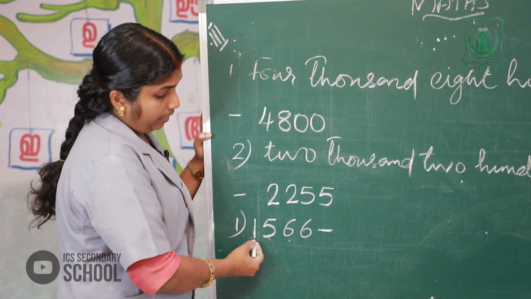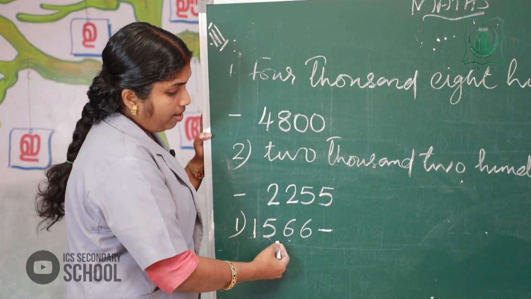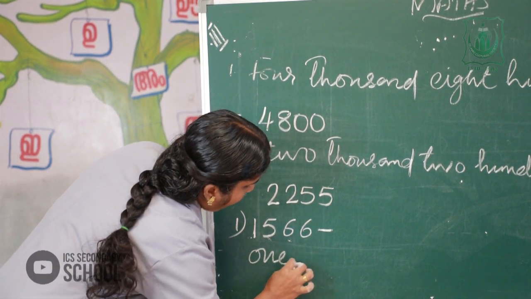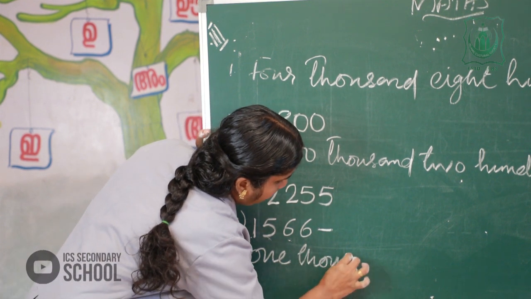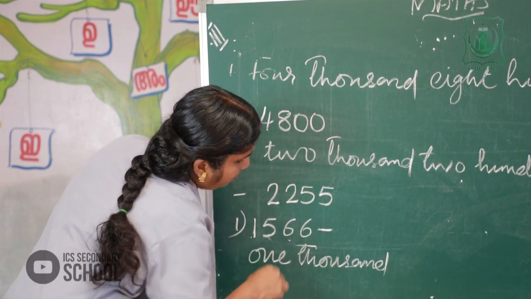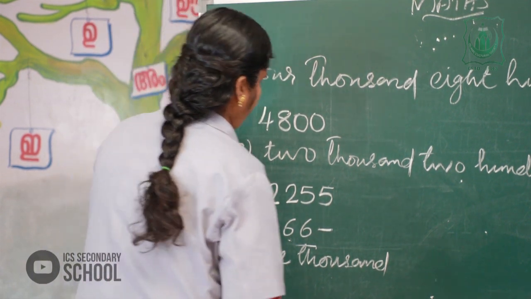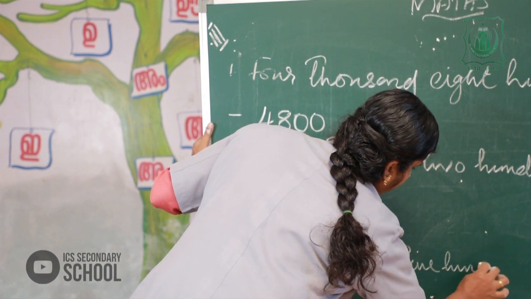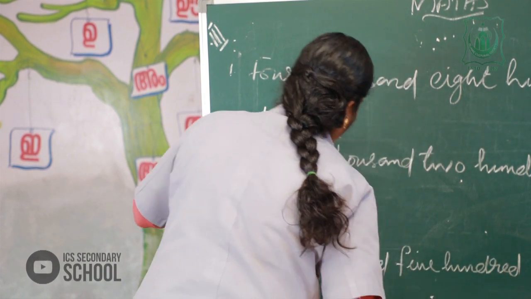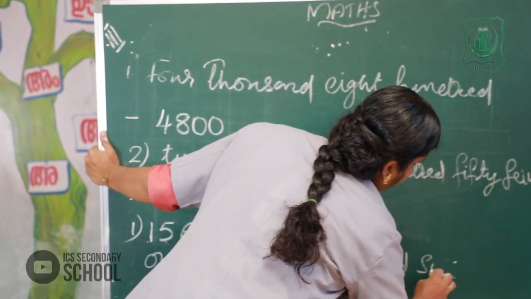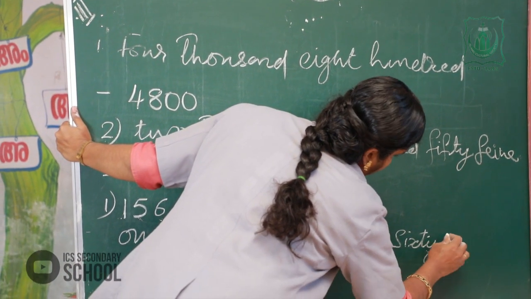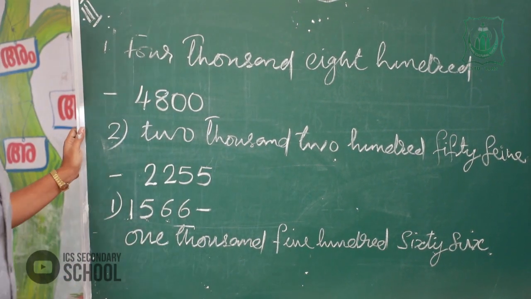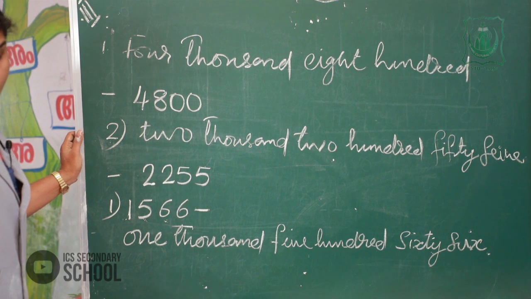So we read as 1000, 500, 66. Okay, 1566. Next one.